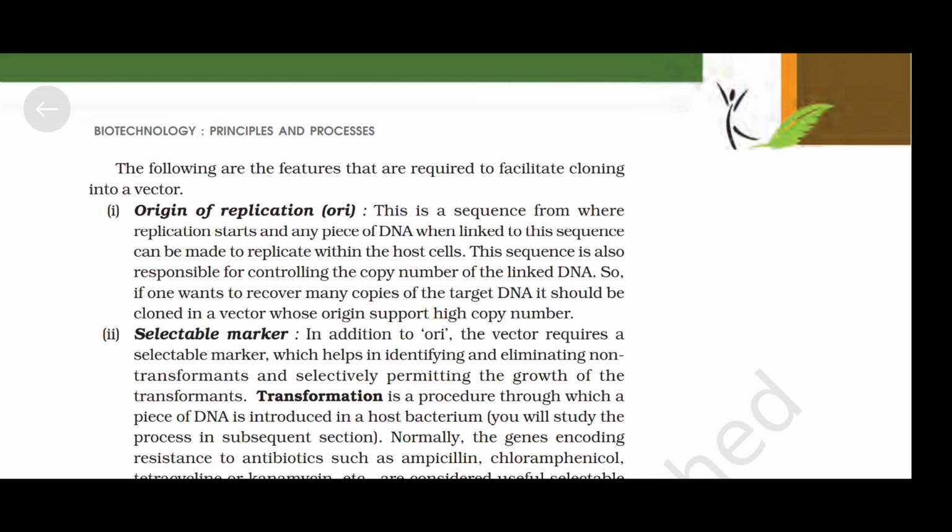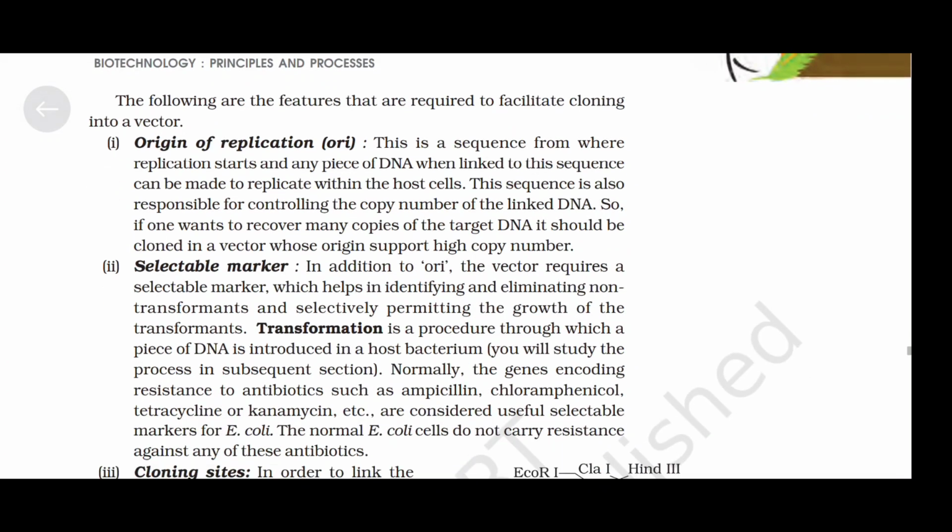Second, selectable marker. In addition to ORI, the vector requires a selectable marker which helps in identifying and eliminating non-transformants and selectively permitting the growth of the transformants. Transformation is a procedure through which a piece of DNA is introduced in a host bacterium. You will study the process in subsequent sections.